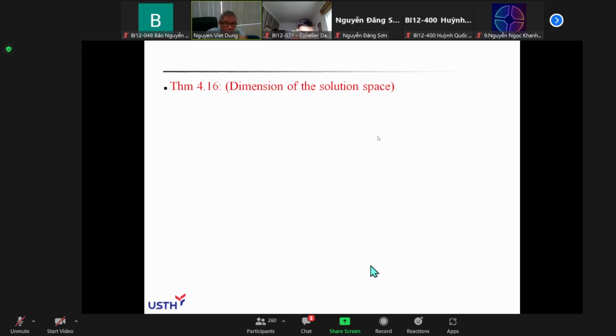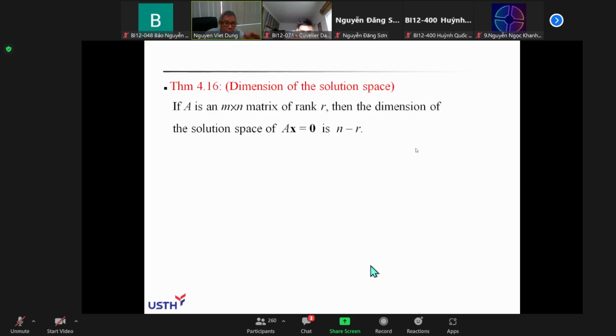Now the dimension of the solution space means the nullity. Suppose that A is an M by N matrix, and suppose that we already know A has rank a. Then the dimension of the solution space of Ax equals 0 will be N minus a.